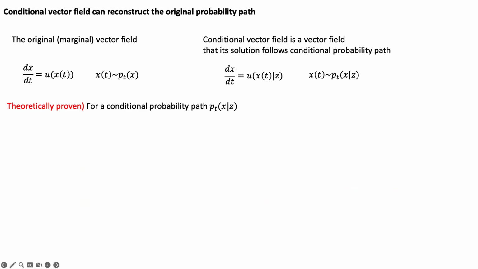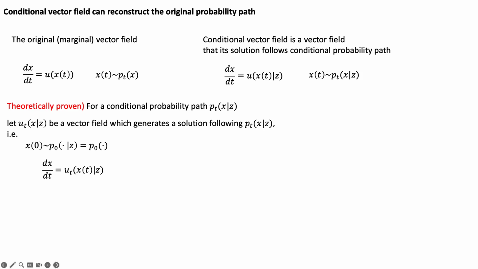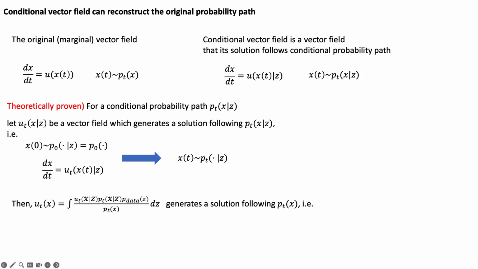It is theoretically proven that if you have a conditional probability path, and you define conditional vector fields using this conditional probability path that I just explained, then you obtain the trajectory which follows the conditional probability at time t.